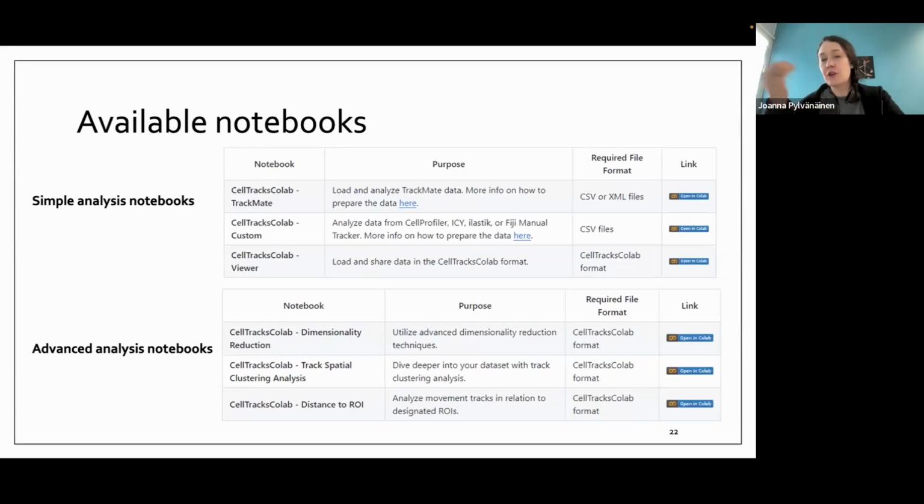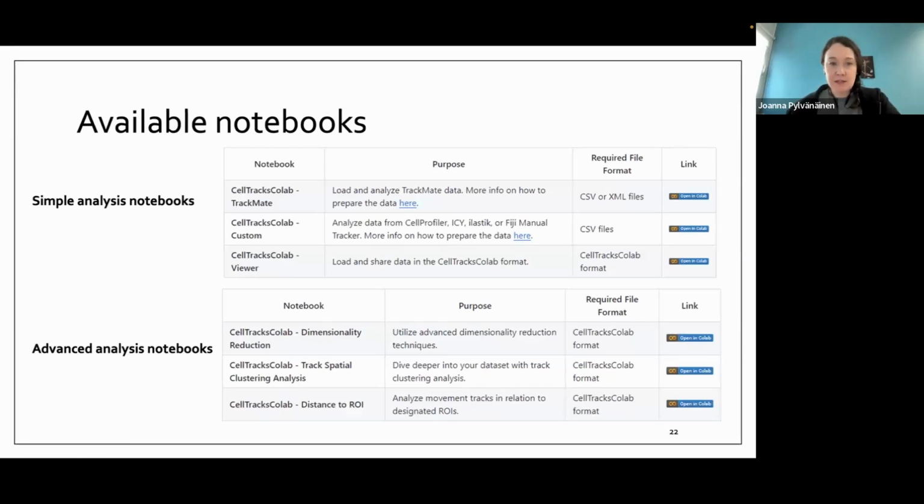Different tracking software exports different column names, for example, for X or Y position or time. So the specialized notebook has to be used to map these column names correctly. And then there's CellTracksColab Viewer, which allows you to view and share your data in an easy way.